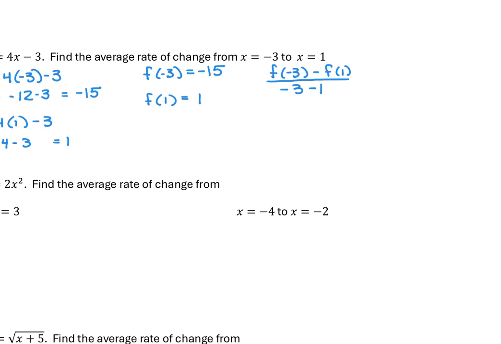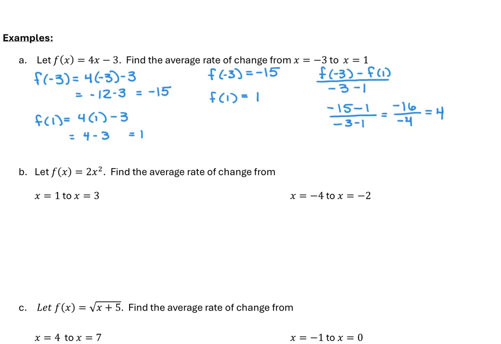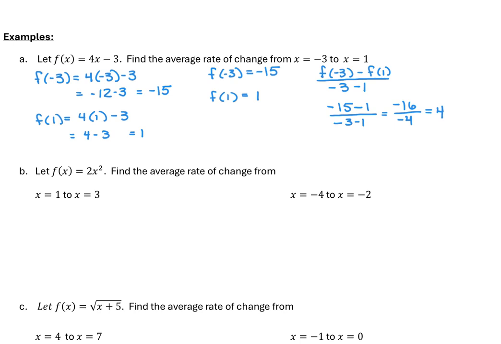If we plug this in, we get negative 15 minus 1 over negative 3 minus 1, which is negative 16 over negative 4, which is equal to 4. We knew that because this was a linear equation. Remember, average rate of change is basically a slope, and when we are talking linear equations, that's what we're given. We are given the slope.